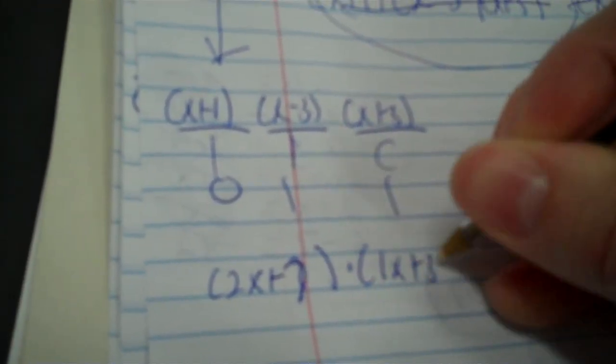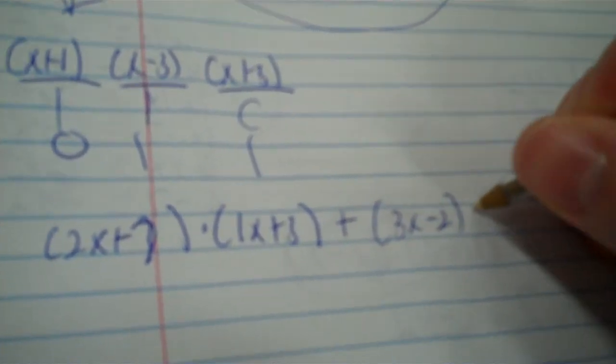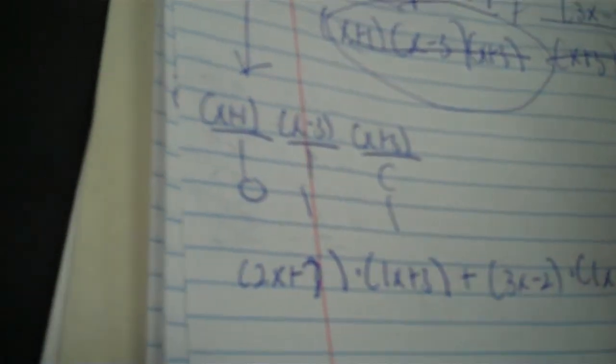Okay, now what do you have left? You've got 2x plus 7, because forget about the other one too. As soon as I get the common denominator, I forget about the bottom. 2x plus 7 times x plus 3, 1x plus 3, plus 3x minus 2 times 1x plus 1.